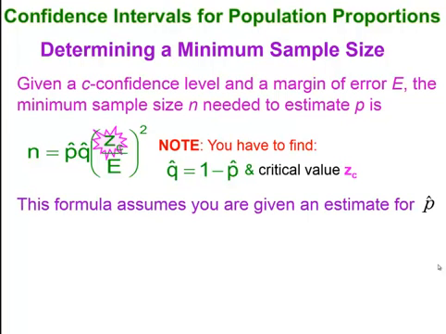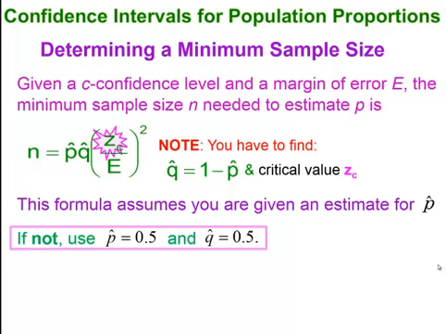The formula assumes you are given a point estimate for p hat, some percentage. If it's not given, you will use 0.5 for your p hat and 0.5 for your q hat. So if you're not given a point estimate, then you're going to use the 50-50 or 0.5 for your p hat and q hat.